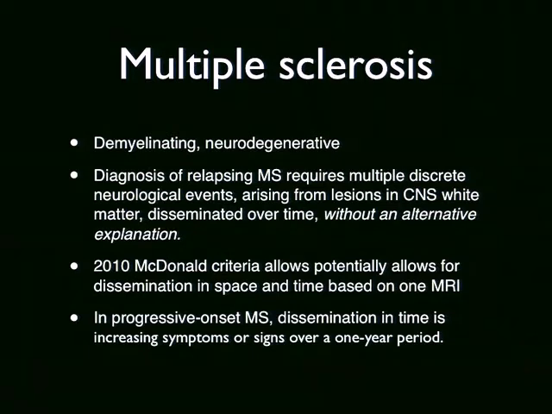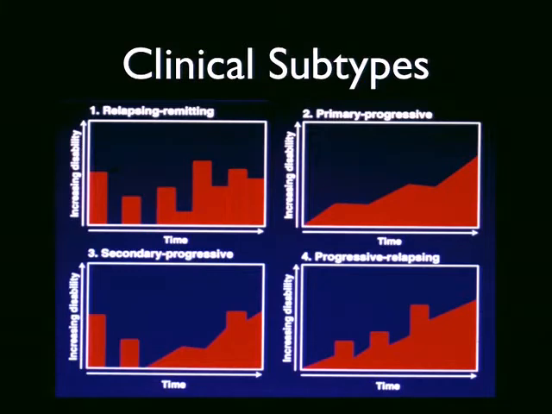The newest diagnostic criteria was just penned a year ago, and this allows for a patient to have one clinical relapse and then to use one brain MRI to make the diagnosis of MS. This is in contrast to patients with primary progressive MS, where they have progression of neurologic symptoms in the absence of clinical relapses, and by definition over a one-year period.